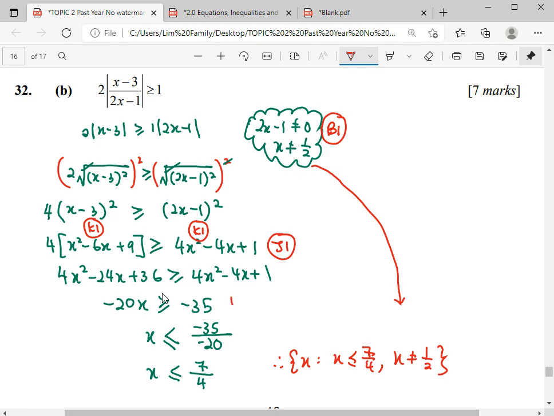The concept of solving linear is to move x to the left hand side and the rest of the values to the right hand side to get this answer. Finally, we have to combine our answer. We get x less than 7 over 4, but be careful, we won't take the value of 1 over 2, as that will make this fraction undefined.